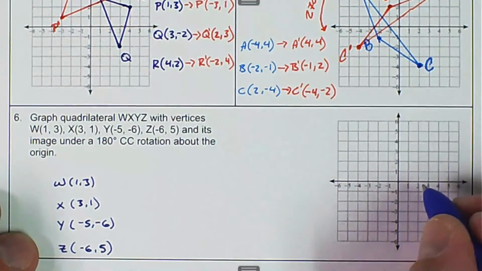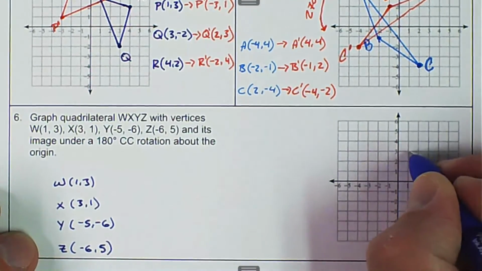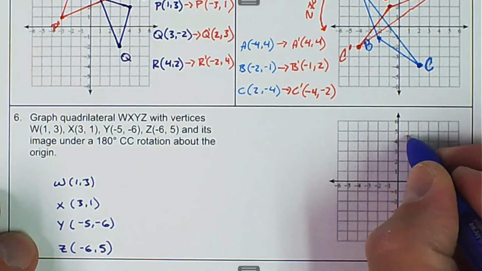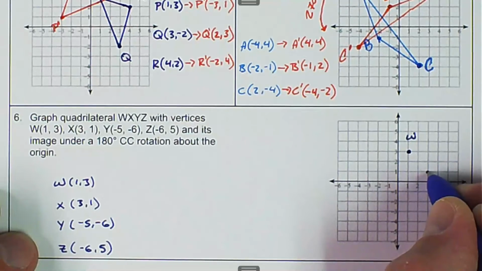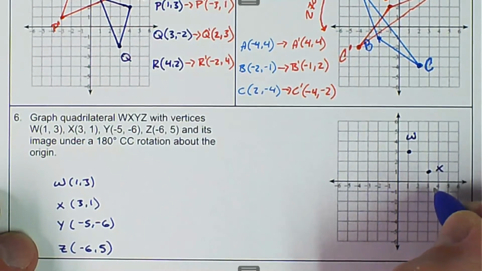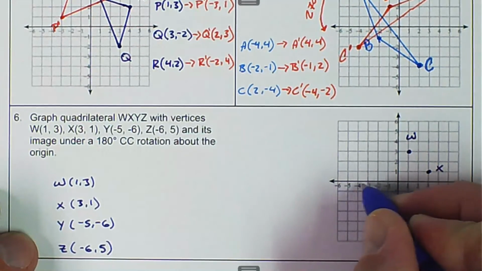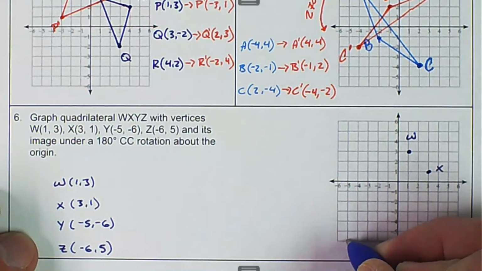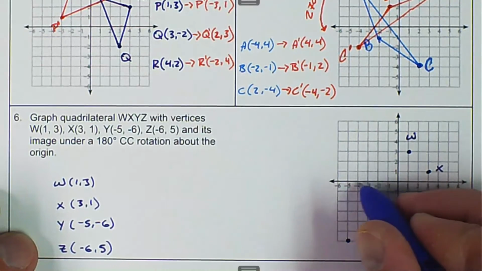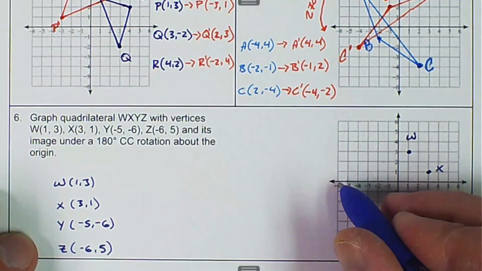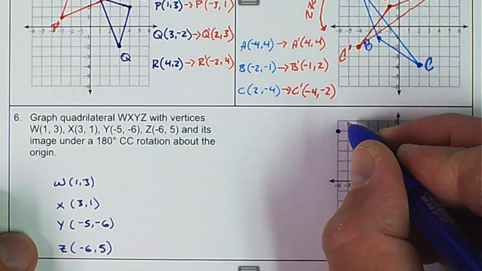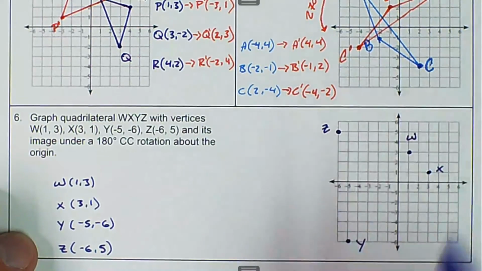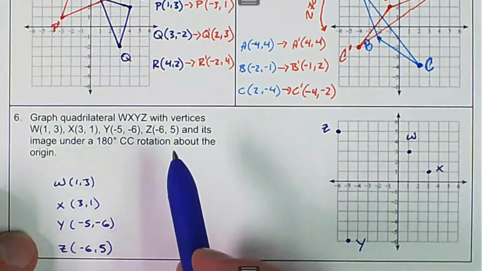So we can plot those points. 1, 3, that's going to be W. 3, 1, that's going to be X. Negative 5, negative 6, that's going to be Y. And negative 6, 5, that's going to be Z. These are almost all in different quadrants.